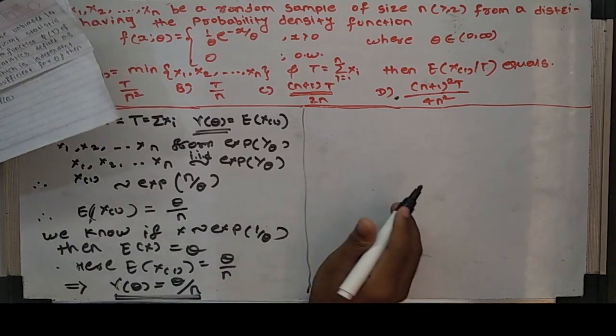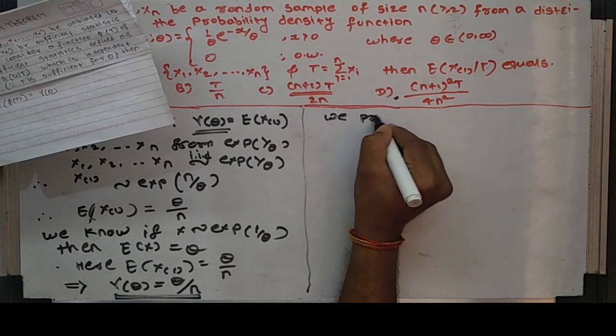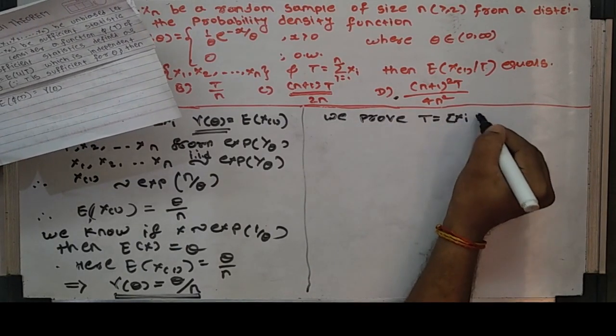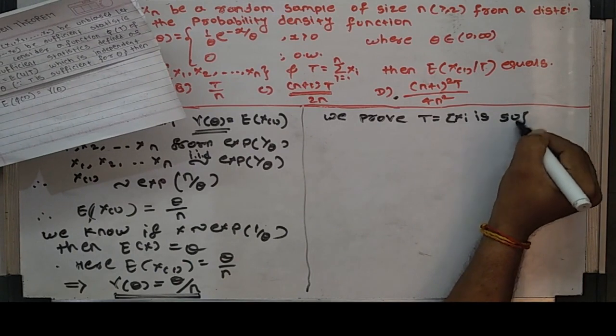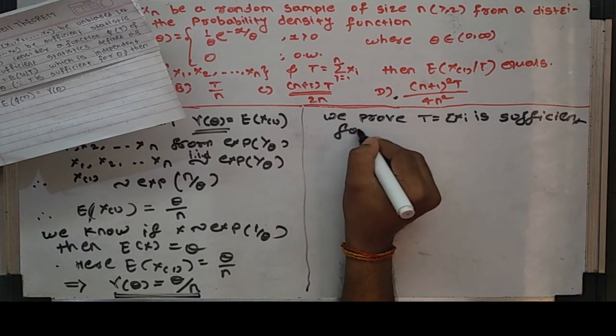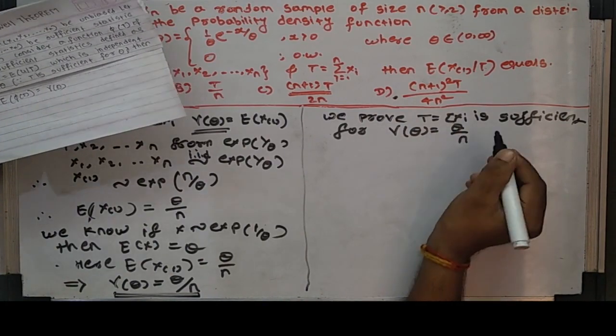Second, we prove that T equal to the summation of xi is sufficient for gamma of theta, which is theta by n.